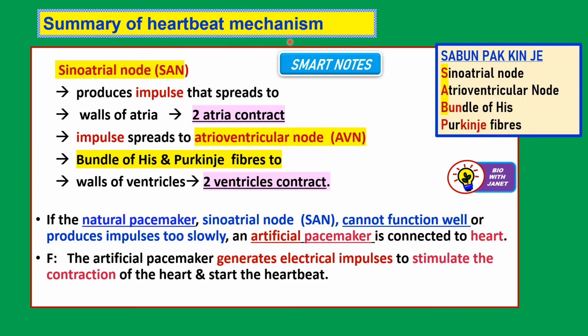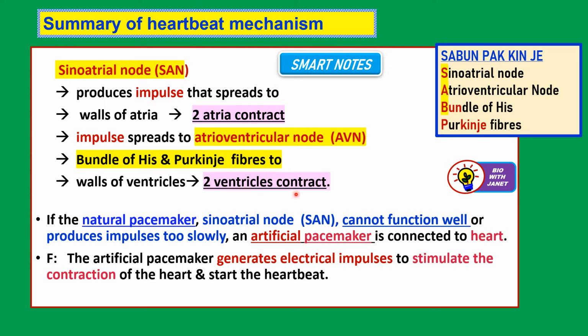So here's a summary of the heartbeat mechanism, which can help you to remember the different events that occur in it. The sinoatrial node, SAN, produces impulses that spread to the walls of the atria. Then the two atria contract. Then the impulse spreads to the atrioventricular node, AVN, and to the bundle of His and the Purkinje fibres, which are found in the walls of the ventricles.